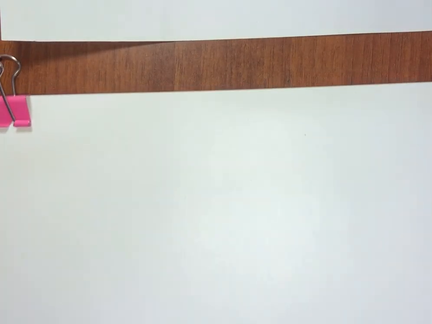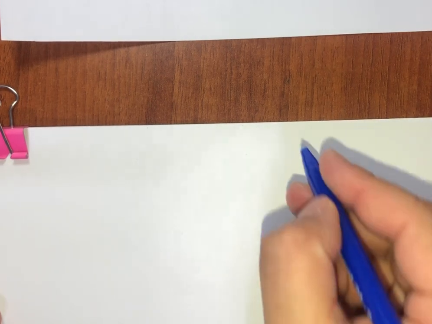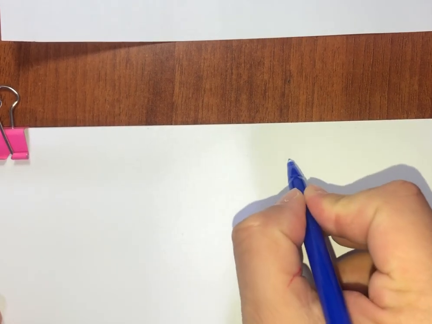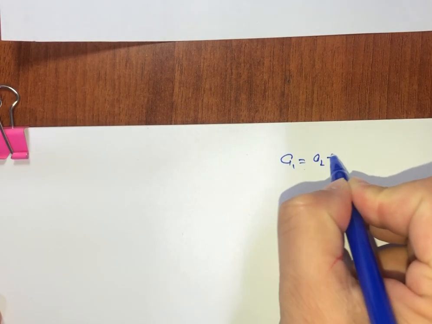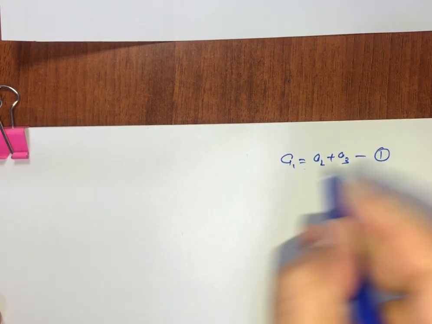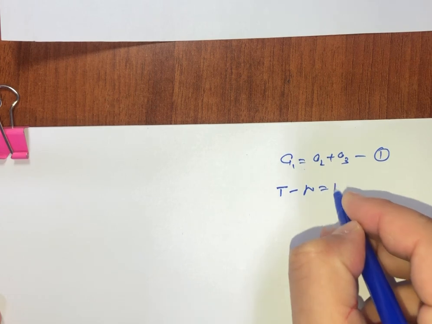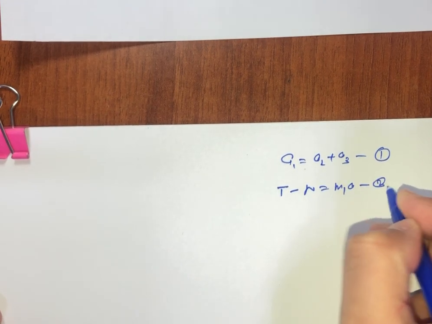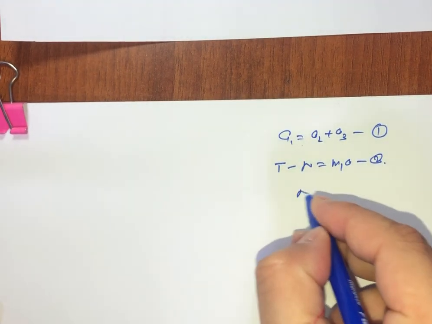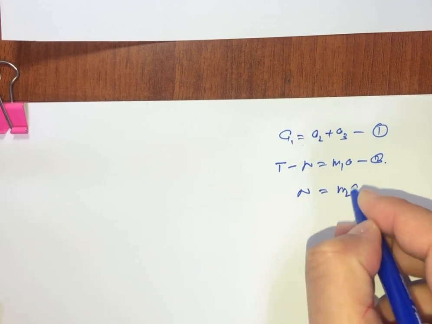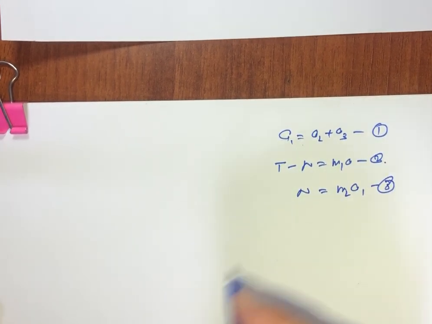Let me write all the equations here. So we have a1 is equal to a2 plus a3, equation number 1. We have T minus N is equal to M1a1, equation 2. We have N is equal to M2a1, equation number 3.